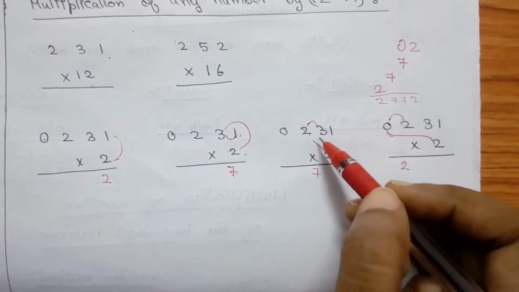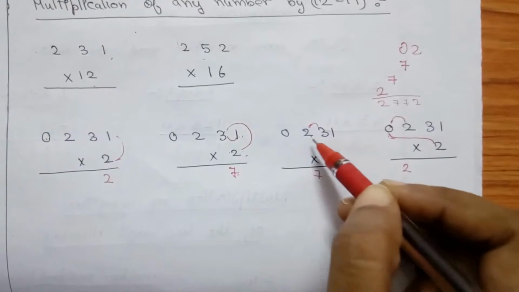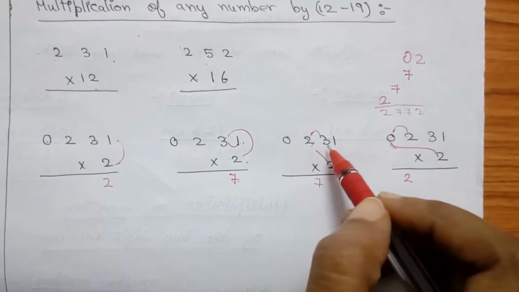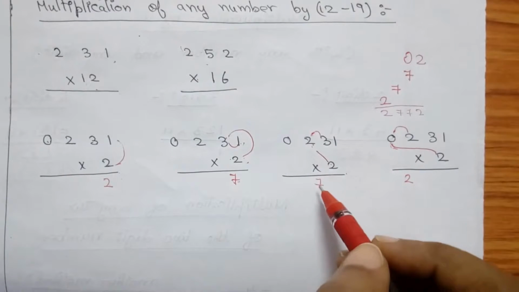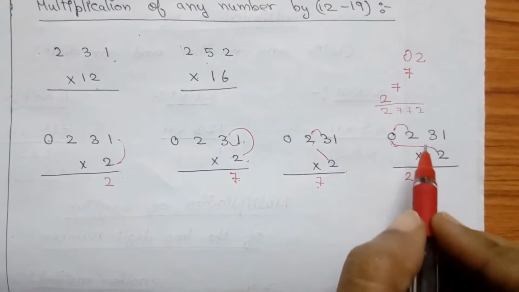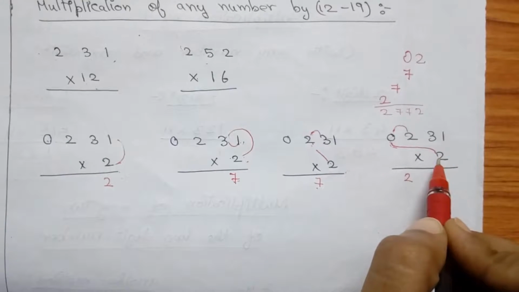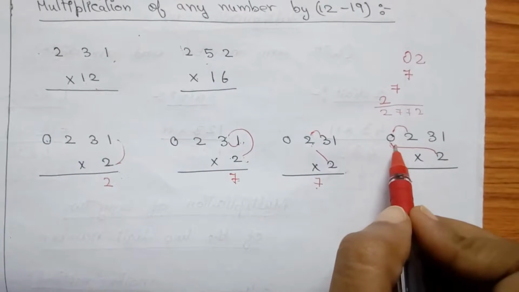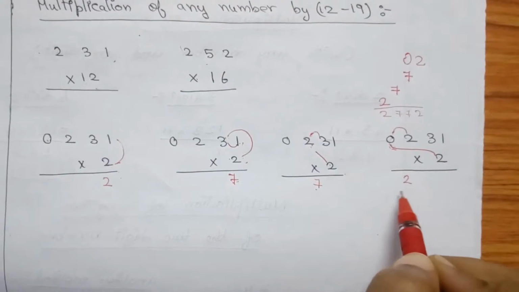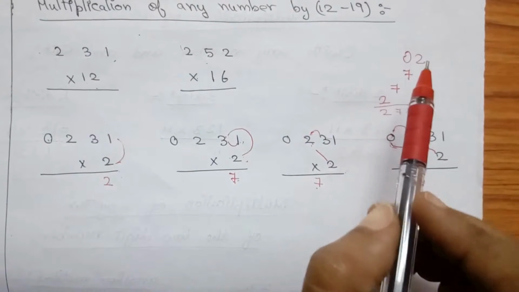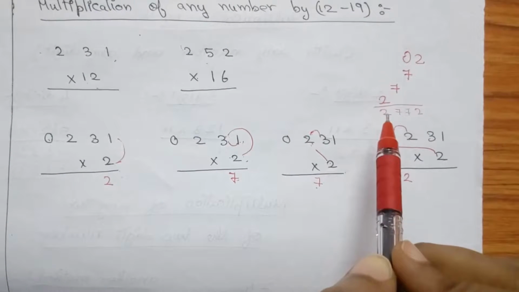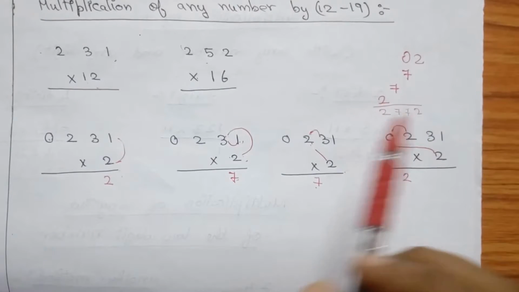For the third step I have multiplied 2 into the third number and added the previous number, which gave me 7. For the fourth step I have multiplied the 2 into the fourth number and added the previous number, which gave me 2. By combining all these answers, I have a total answer of 2772.